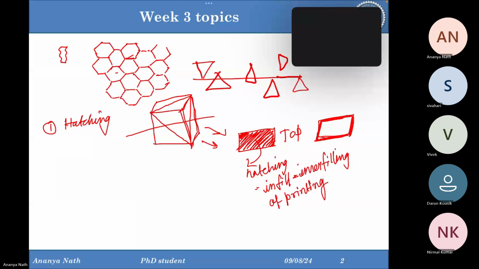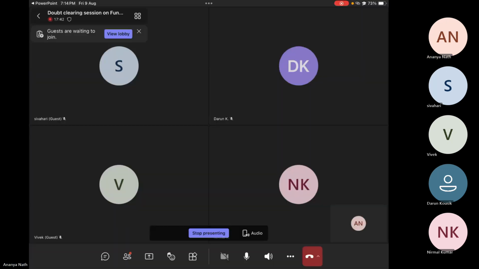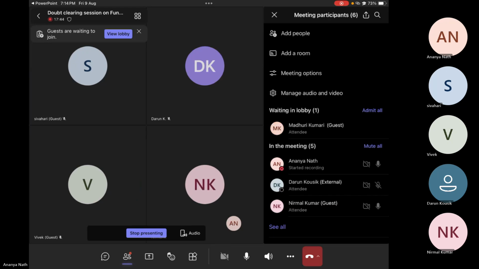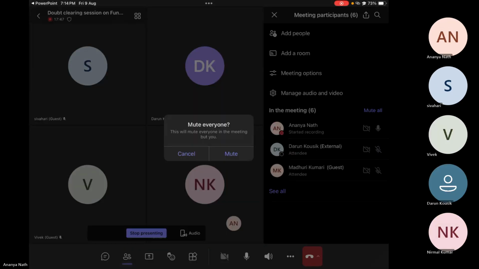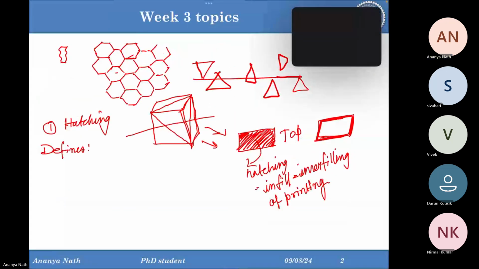Okay, so hatching, now what is the big deal in hatching? Hatching defines everything about the part to be printed. Hatching defines the quality of printing, the property of printing.